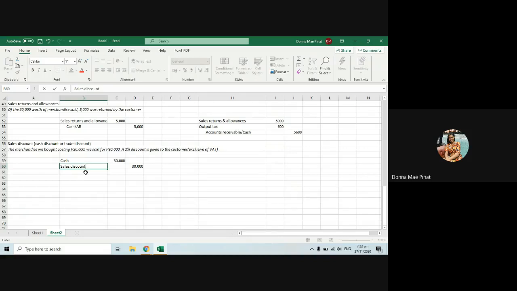Atong pagbaligya sa iya 30,000, pero itong sales discount is 30,000 times 0.02. May sales discount na 600.